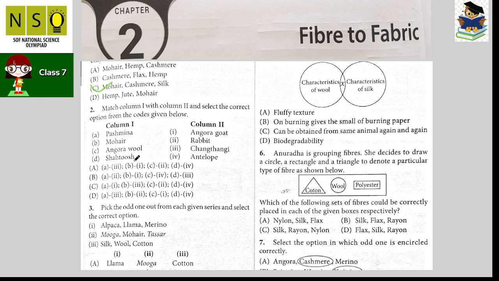When we see these options, we find that option A is the correct one. Why is it correct? Because we know that pashmina is to chengthangi, mohair is to angora goat, angora wool is to rabbit, and sahatos is to antelope.